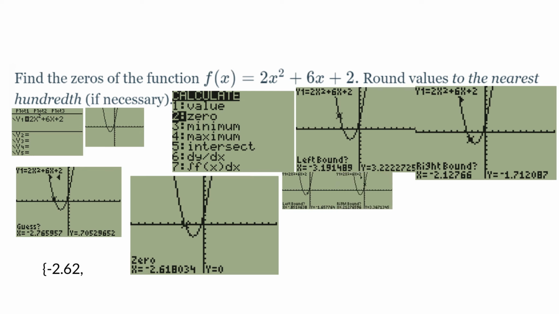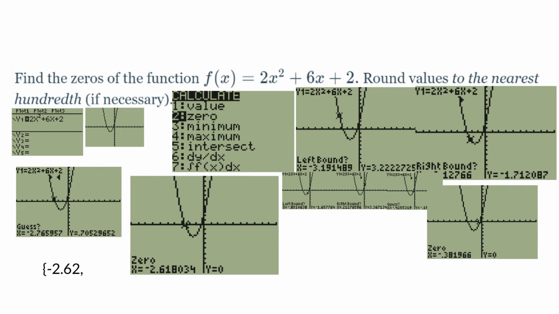Hit enter. And then we guess. And again, on the guess, you really could just hit enter a third time, and your calculator would understand because it's just a quadratic. And then it's going to give us the second solution.